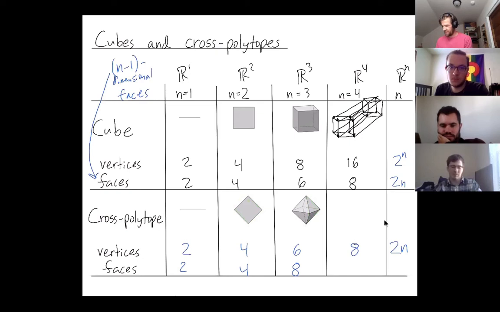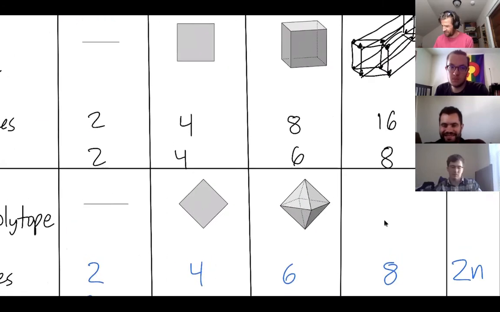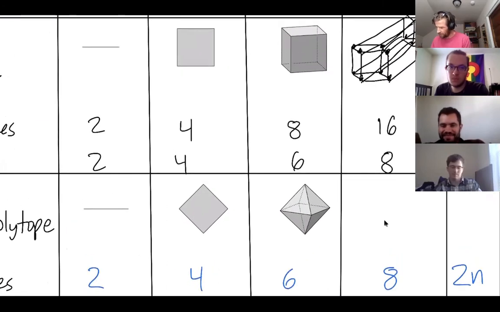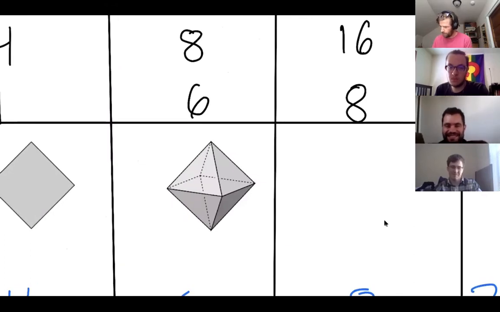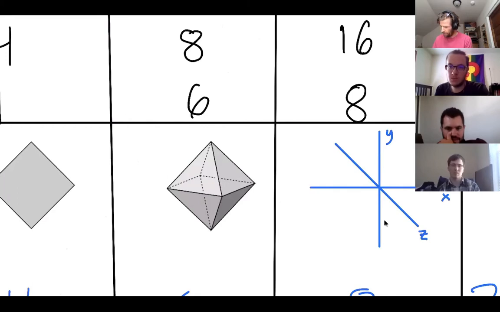Okay. So let me try to draw the 4-dimensional cross-polytope. Why do I set myself up for failure? I have my x-coordinate, my y-coordinate, my z-coordinate, and then in 4D, I also have my w-coordinate.